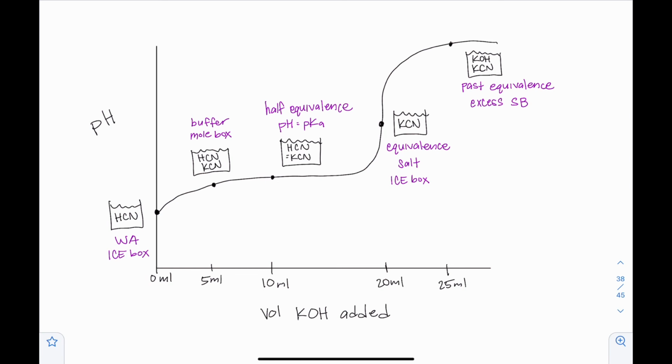At the half equivalence point, the weak acid and the conjugate base are equal, so the pH equals the pKa. At the equivalence point, all of the reactants are used up, and there's only salt left in the beaker, so we used an ICE box to find the pH. And past the equivalence point, there's salt and excess strong base in the beaker. But the salt contributes very little to the pH, so we only use the strong base to find the pH.